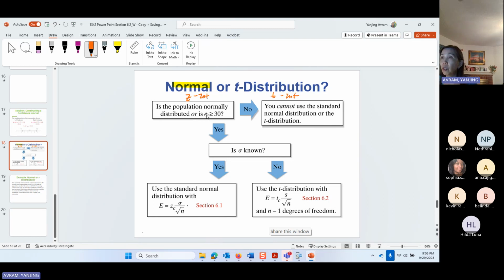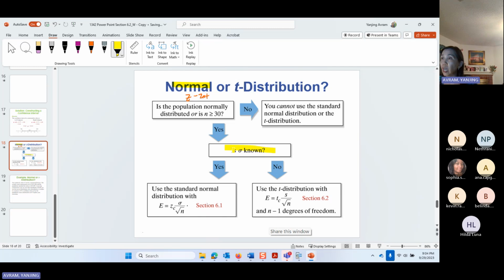If the population is normally distributed, or if you didn't say normal, if your sample size is greater than or equal to 30, you can use the standard normal distribution or the T distribution. Okay, so basically you have to have enough sample size, or at least it's normally distributed or approximately normal still works, right? That kind of thing.